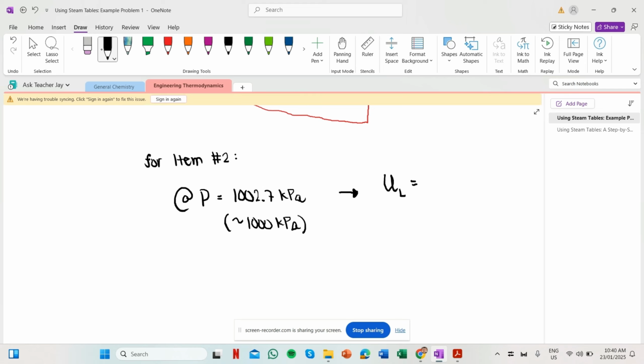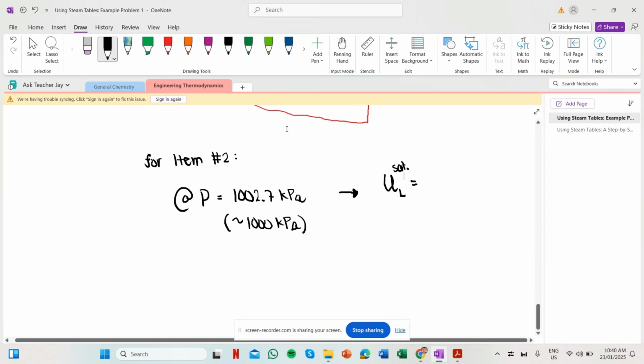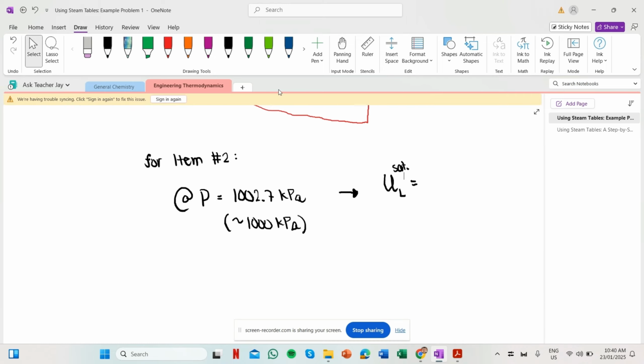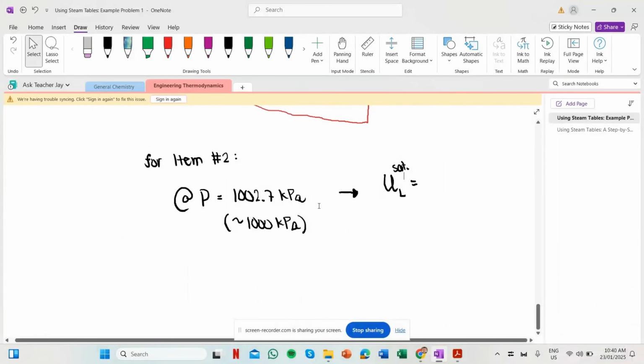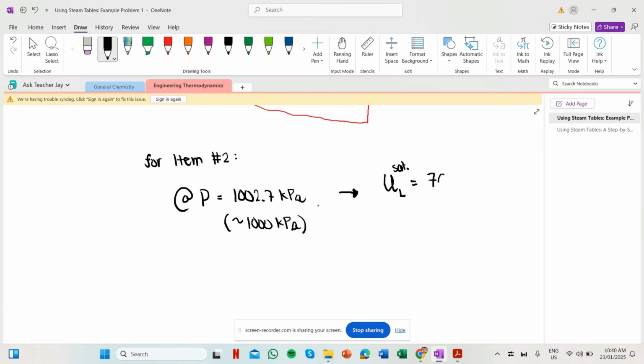The saturated, okay, let's just write saturated. The saturated liquid internal energy is around 762 kilojoules per kilogram.